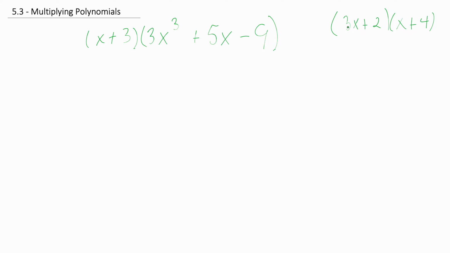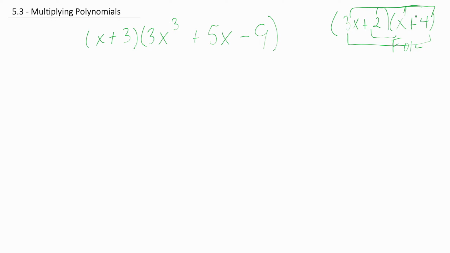Now, it's possible when you learned how to do this, you learned how to FOIL, where you multiply the first terms, the outer terms, the inner terms, and the last terms, or it's possible that you learned how to answer this question through the distributive property.